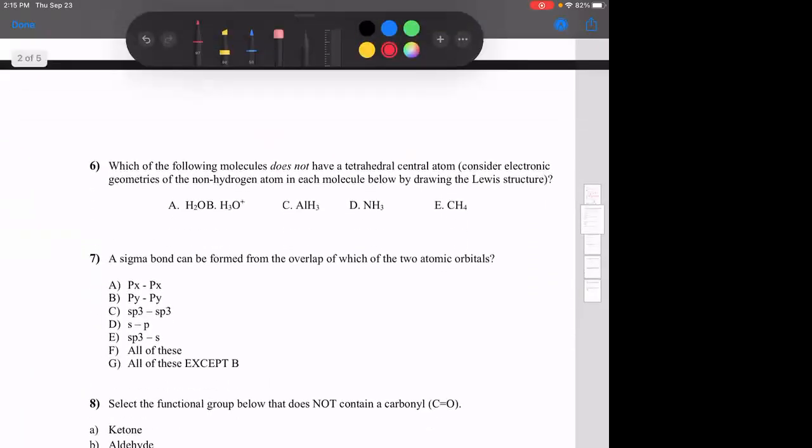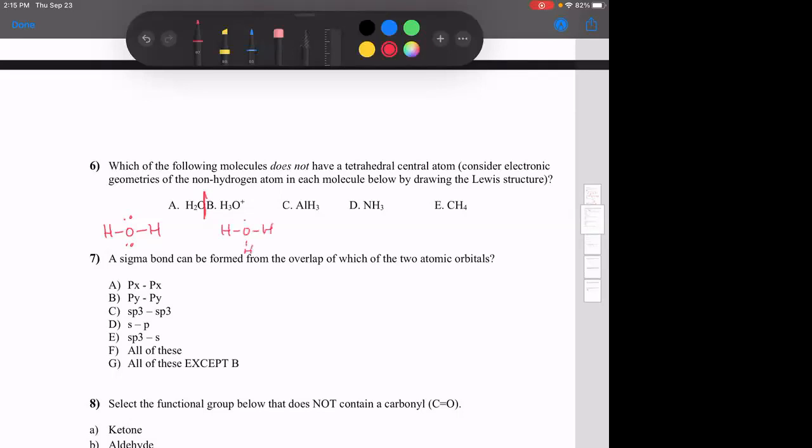All right, there's a little bit of a formatting error here. There should have been a space between H2O and the letter B. So I apologize for that. But we need to draw the Lewis structures of all 4 of these. So water, okay, oxygen likes to make 2 single bonds with 2 lone pairs. All right, oxygen here.